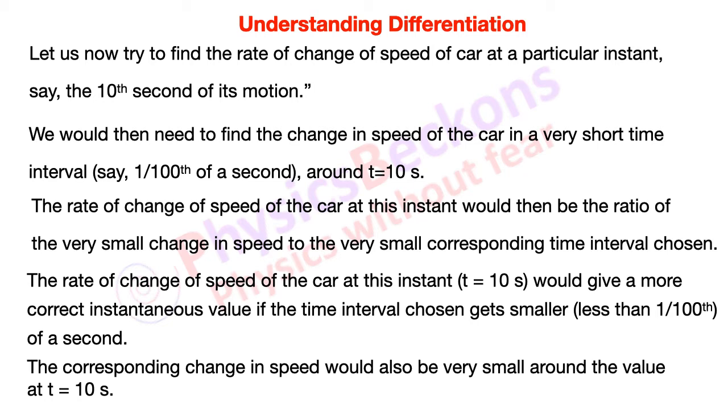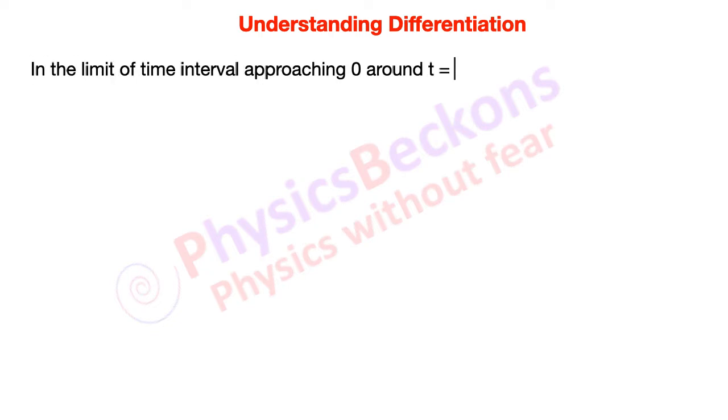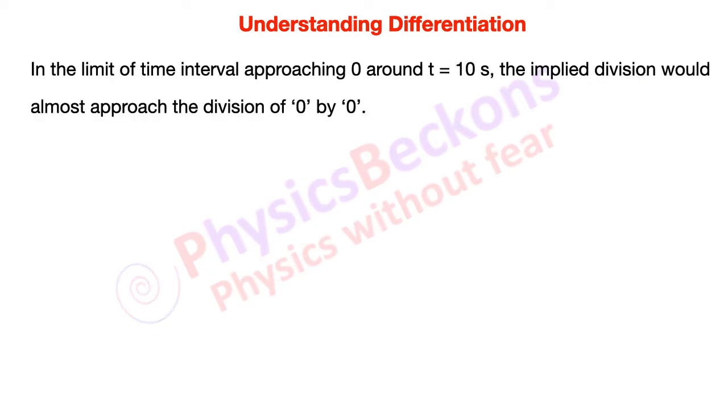The corresponding change in speed would also be very small around the value at 10 seconds, because if the time interval chosen is smaller, the change in speed will also be small. In the limit of time interval approaching 0, small means, for example, we have taken 1/100th or 1/1000th or still smaller.